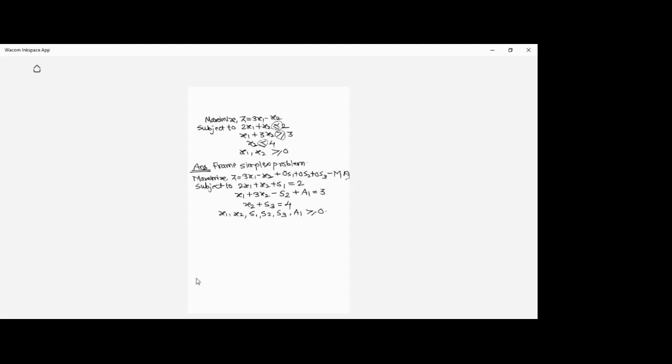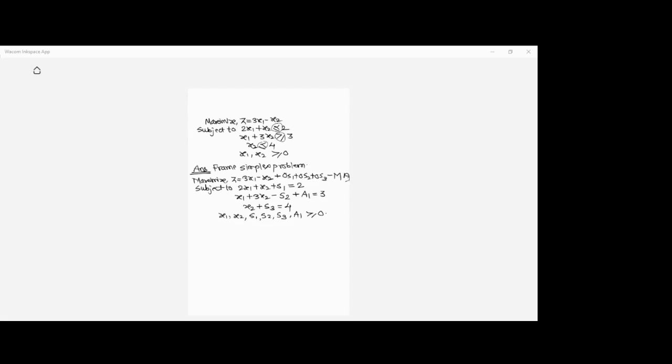Many of you are telling that you have understood how the framing is to be done.